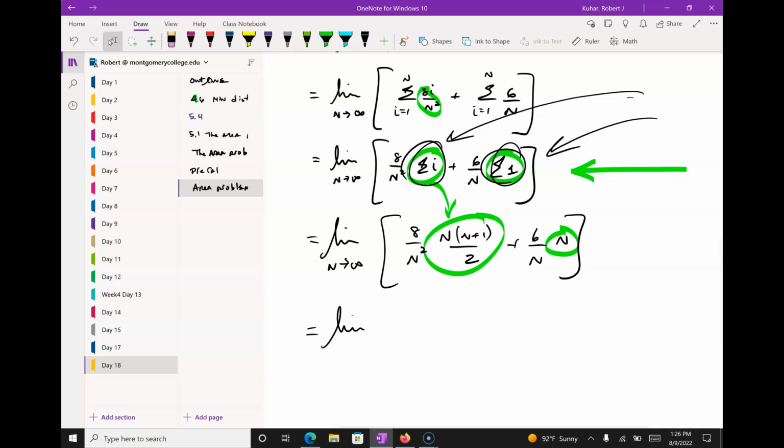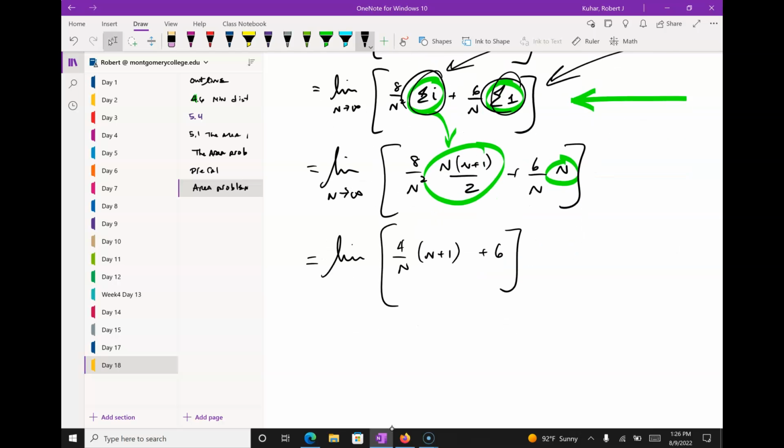What happens here? It looks like I get 4 over n times n plus 1, and then plus 6. We agree? Eight and 2 cancel, n and n squared cancel, right? So I get 4n over n plus 4 over n plus 6.